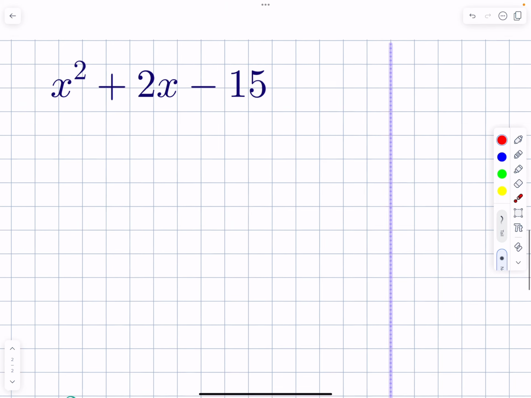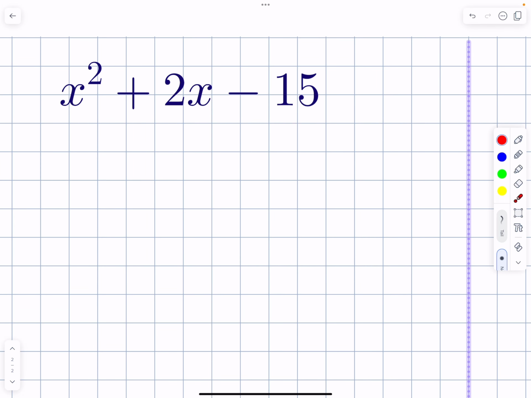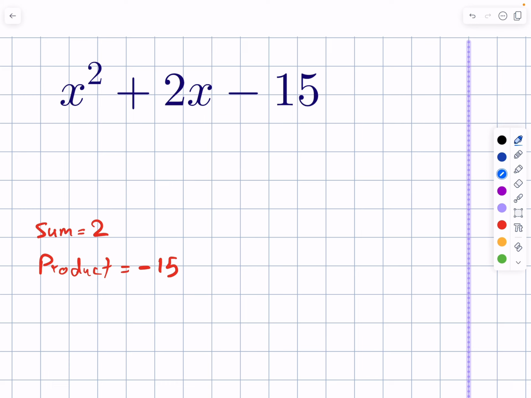Now, another example. Here, the middle number is positive, but the constant term is negative. So we need two numbers that sum to 2, and if we multiply them, we get the constant number -15. So here, we have x times x.